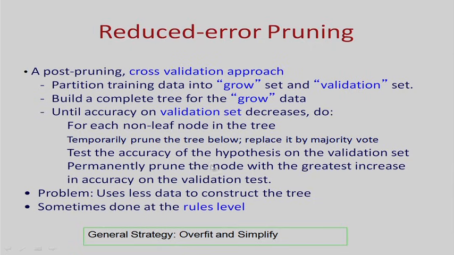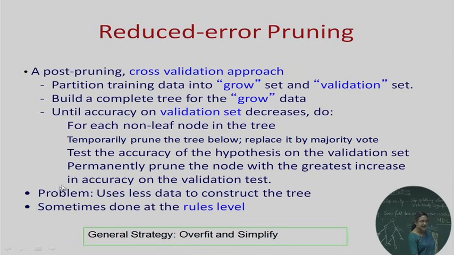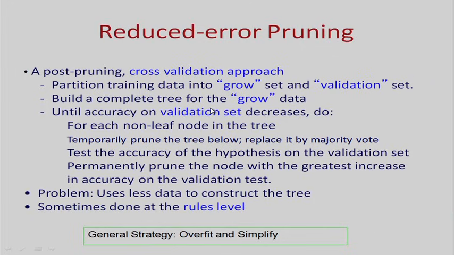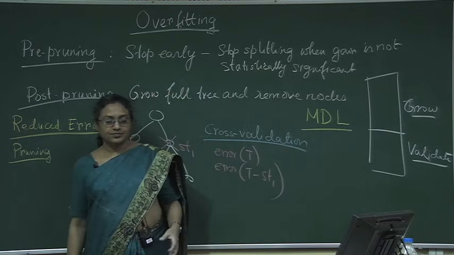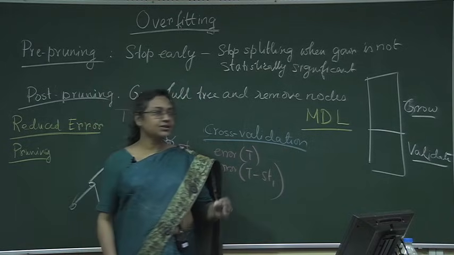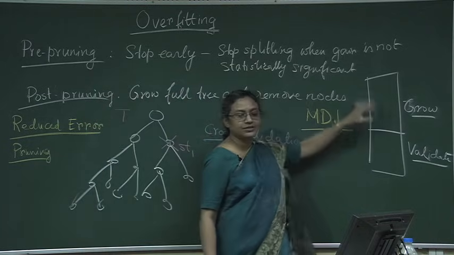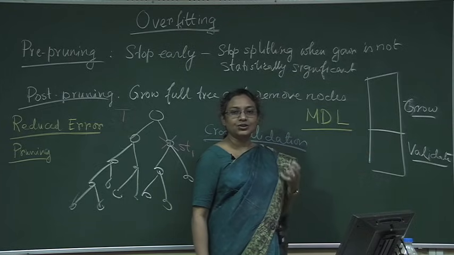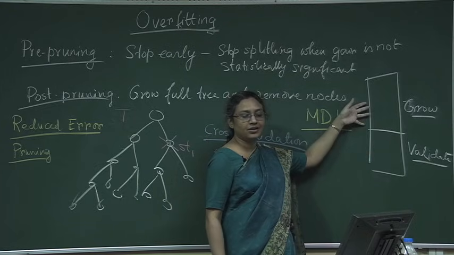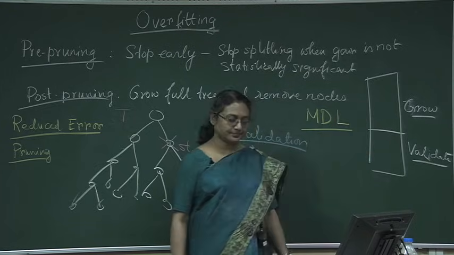So, you permanently prune the node with the greatest increase in accuracy on the validation set, and you continue doing this until accuracy on the validation set does not increase. Now, this is a post-pruning method. There are a few cons of this method. Because you are dividing the data into grow set and validation set, you have less data on which to grow the tree.